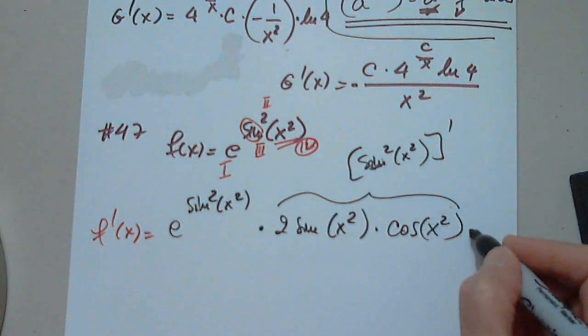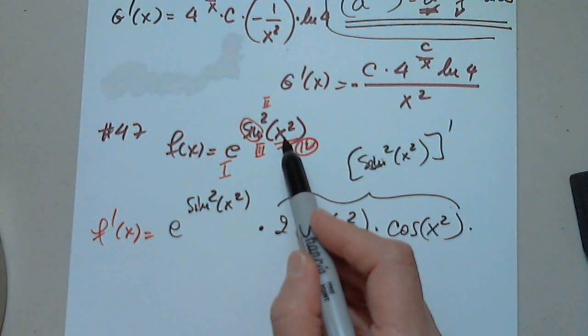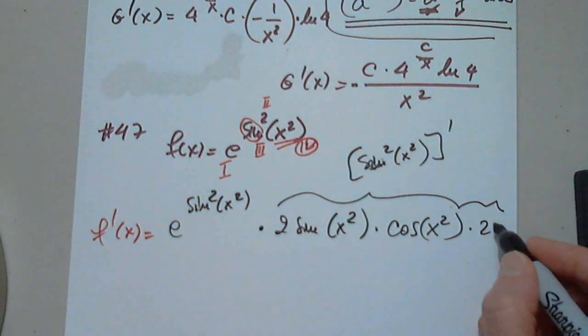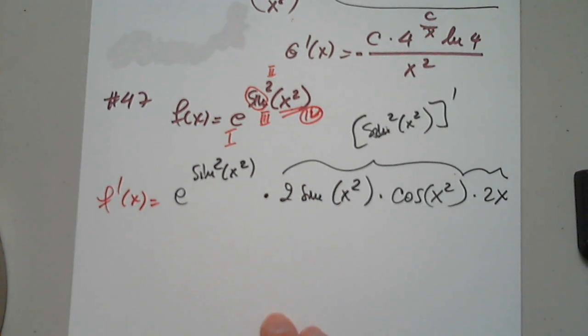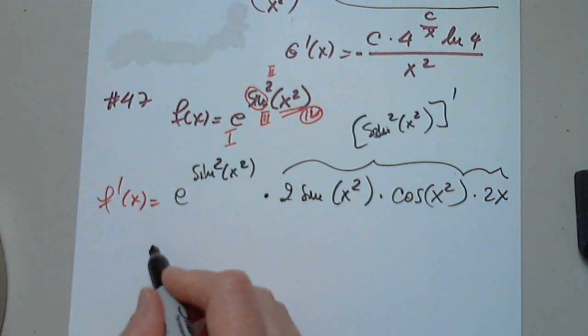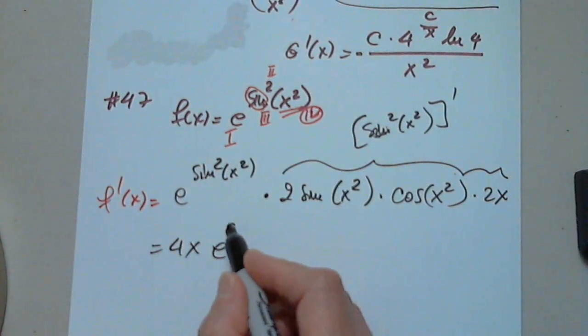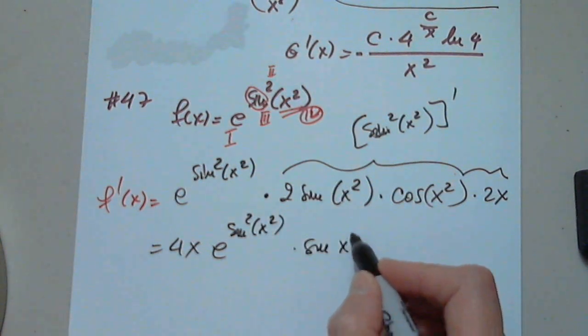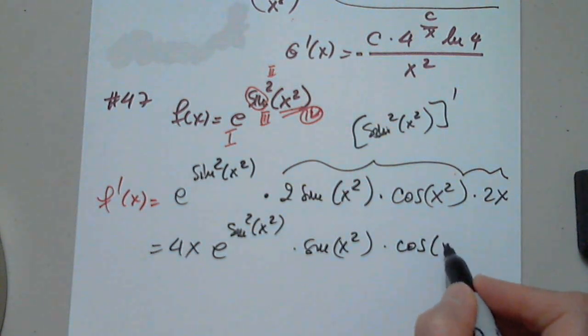Cosine x squared times function number 4 prime. Of course this is 2x. Yes, 2x times 2, I'll put them in front. E to sine squared x squared times sine x squared times cosine x squared.